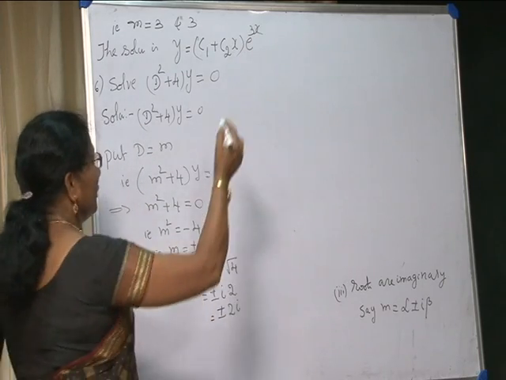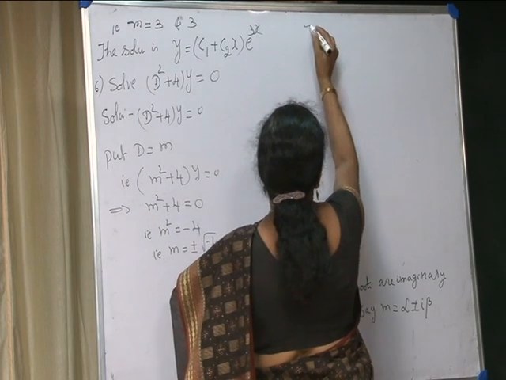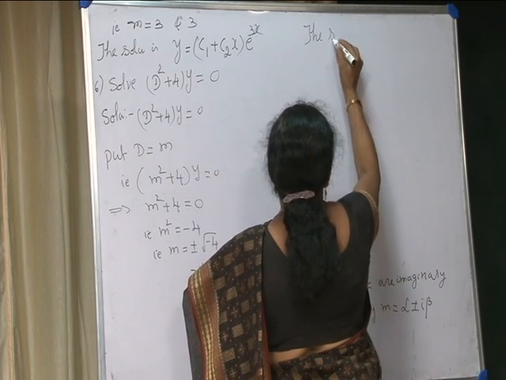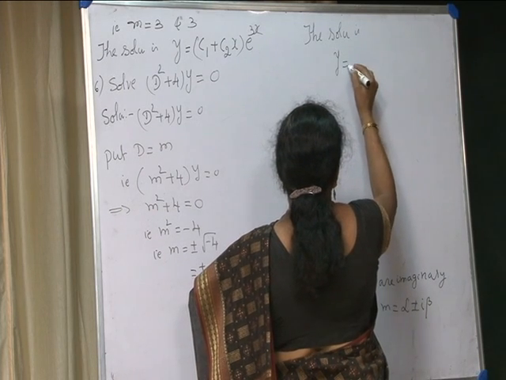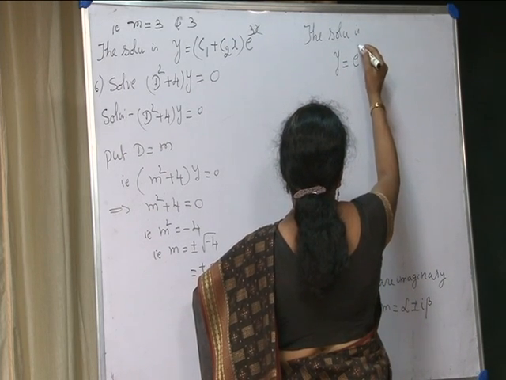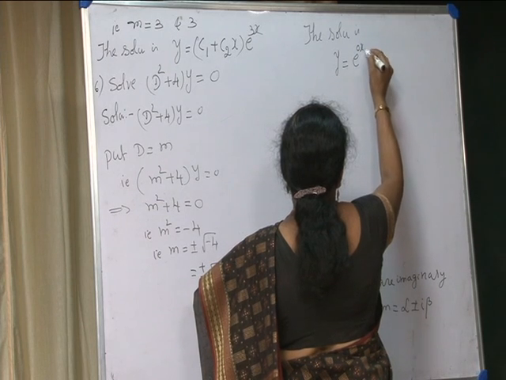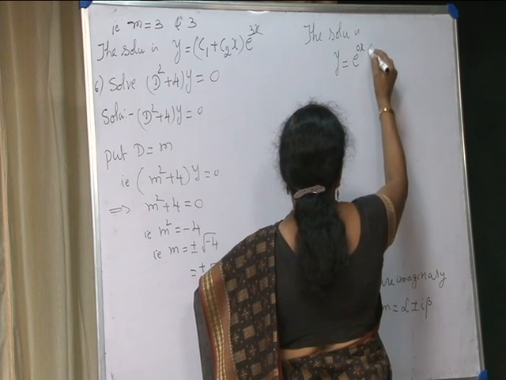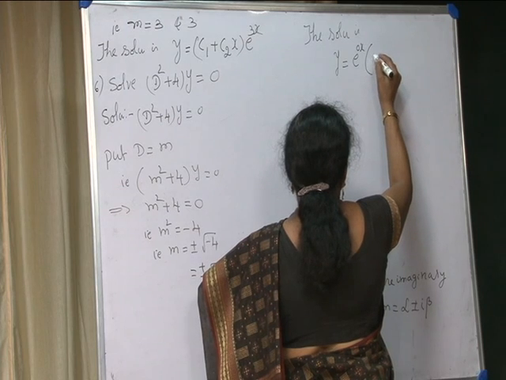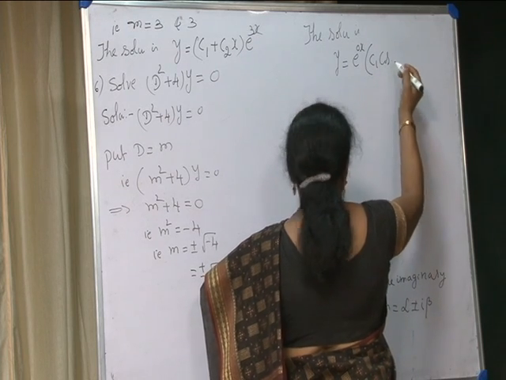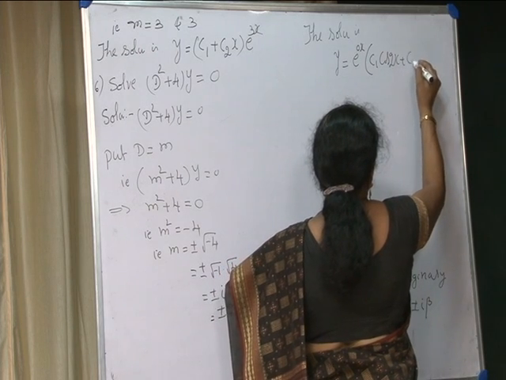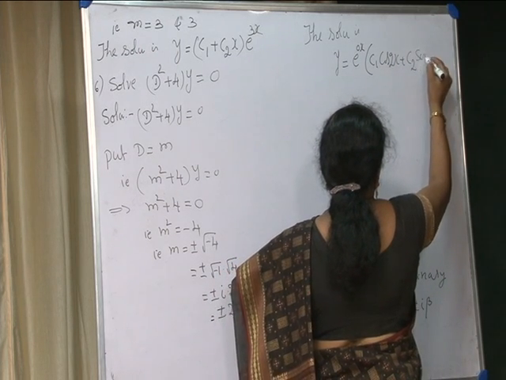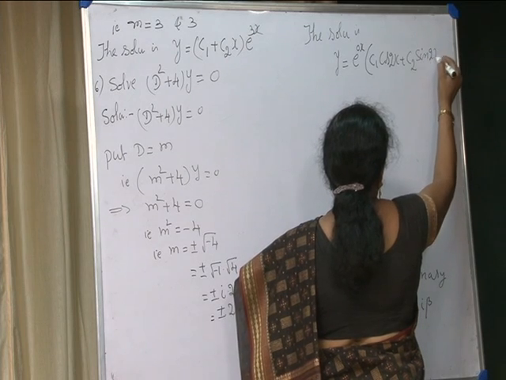The solution is y is equal to e to the power of alpha x, where alpha is 0, into c1 cos beta x, beta value is 2, plus c2 sin beta x.